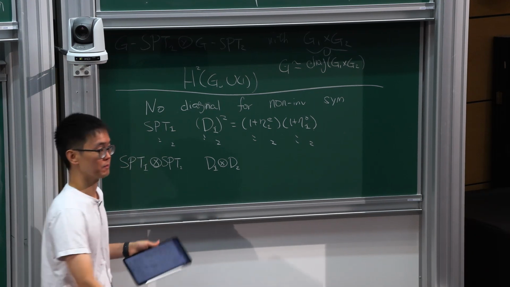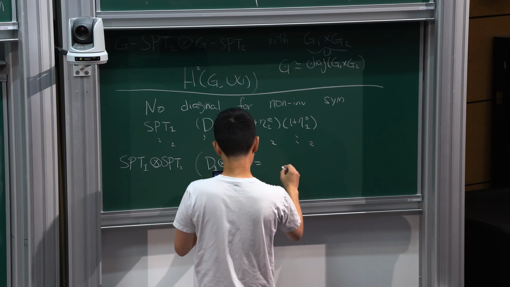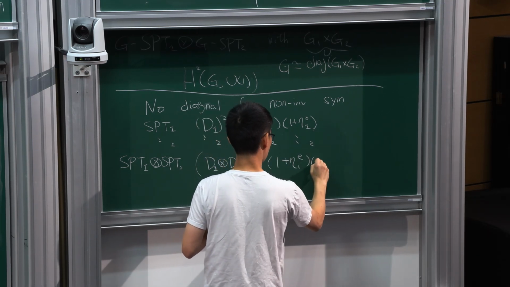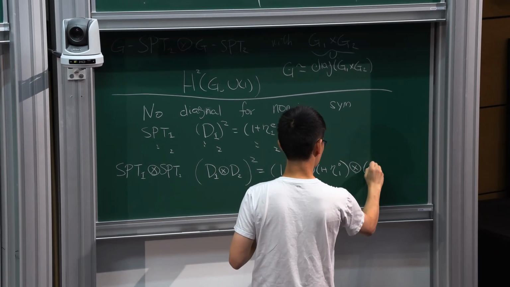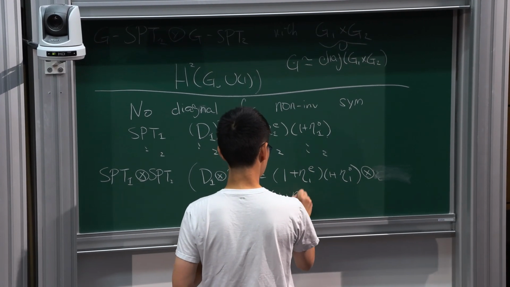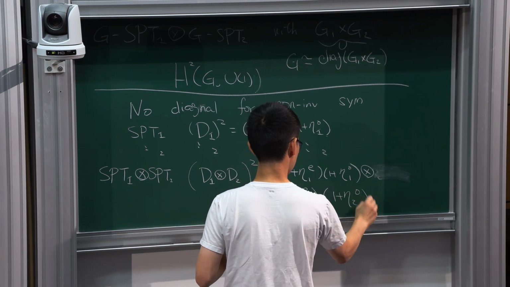But this has a problem, because as you square it, this will become 1 plus eta 1 even plus eta 1 odd, tensor product 1 plus eta 2 even plus eta 2 odd.